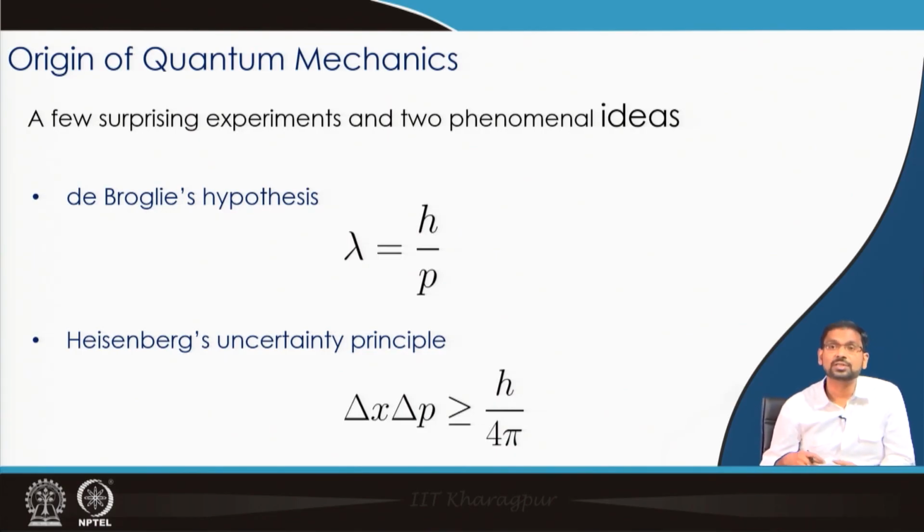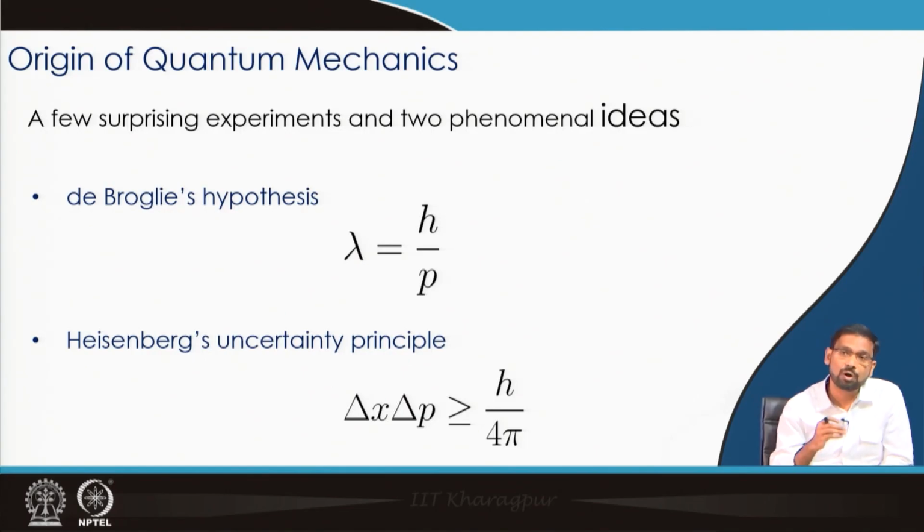Now this particle, which has a large momentum, when it goes and interacts with the particle whose position you are trying to determine, there would be a transfer of momentum. The transfer of momentum will simply change the momentum of the particle that you are initially trying to find the position of.